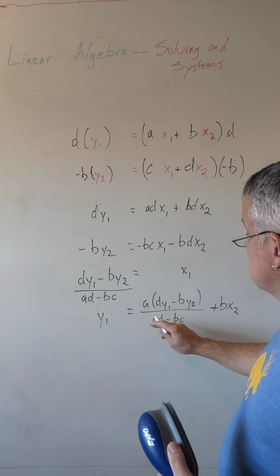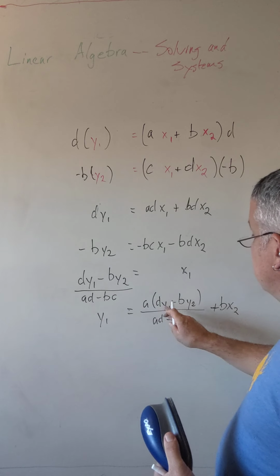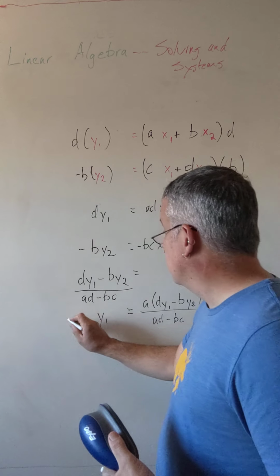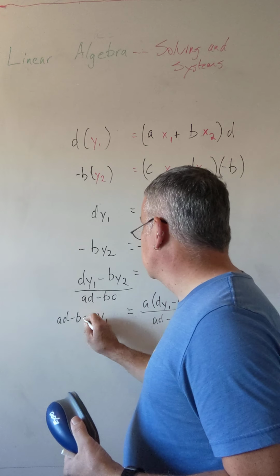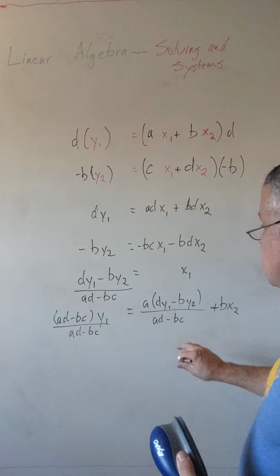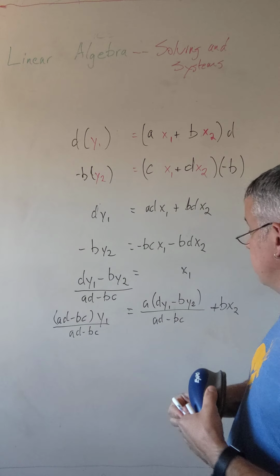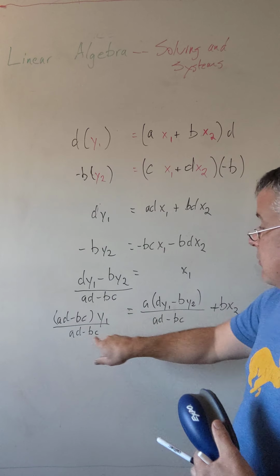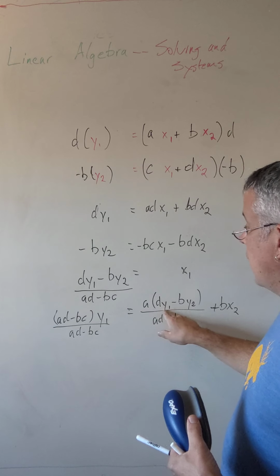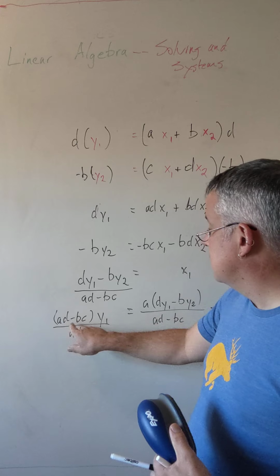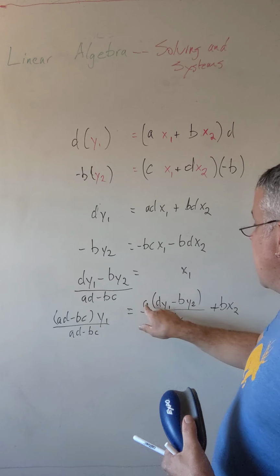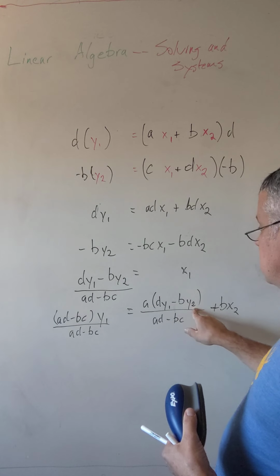Okay, this is a bit complicated, so we need to simplify, distribute, and simplify. Let's put AD minus BC here, divided by AD minus BC here, so let's just multiply by a fancy kind of 1 over there. What have we got over here? Now we've got the same denominator on both sides, so I can move this over, and I get ADy1 minus BCy1 minus ABy2.